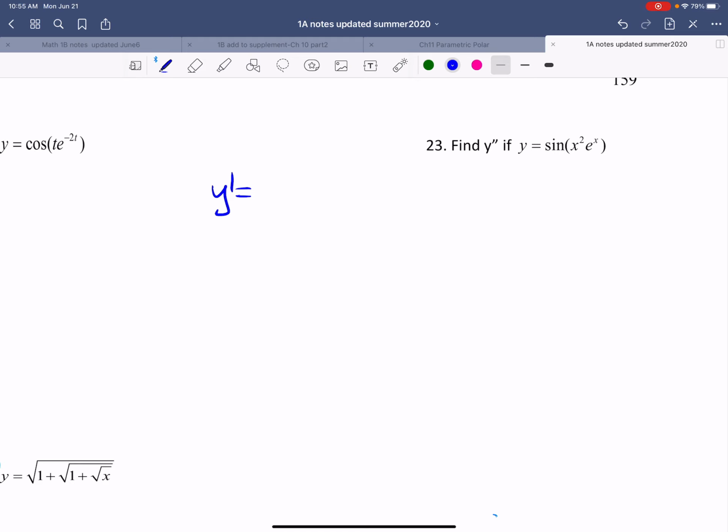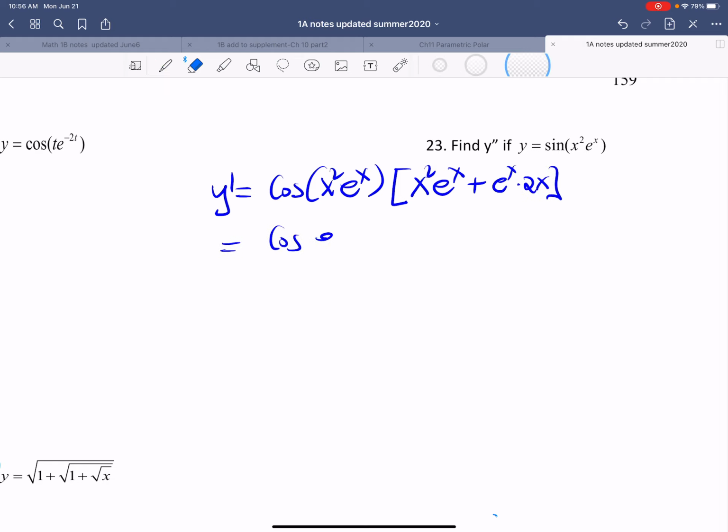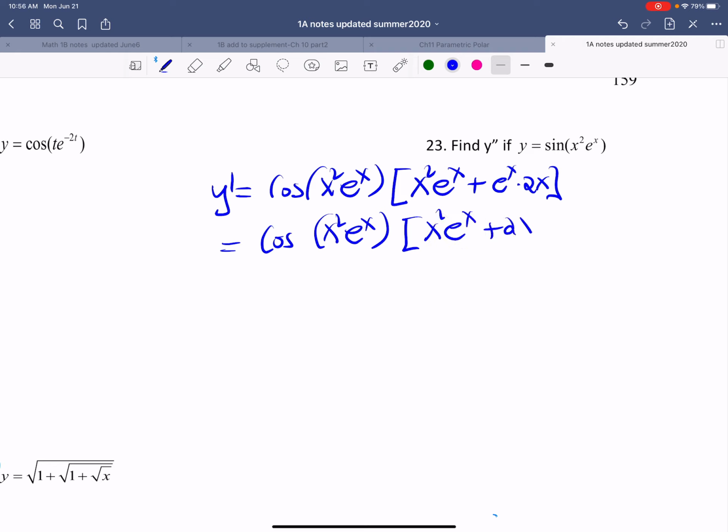Sine of x squared e to the power x. It's going to be cosine of x squared e to the power x times derivative of inside function, which is x squared e to the power x plus e to the power x times 2x. Okay, cosine of x squared e to the power x times x squared e to the power x plus 2x e to the power x.